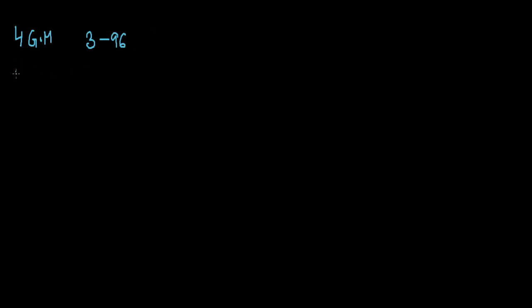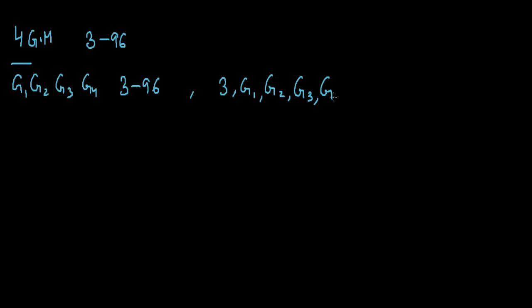So suppose we have G1, G2, G3 and G4 as the four GMs between 3 and 96. It will look something like this: 3, G1, G2, G3, G4 and 96. So these are in GP. Let r be the common ratio.